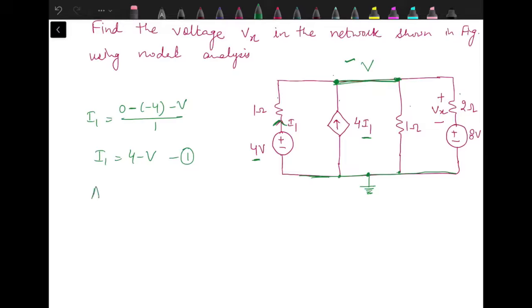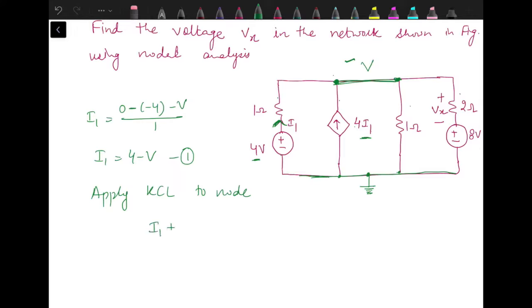Then we have to apply KCL to the node. 4I1 is the incoming current. I1 is the incoming current from this side.